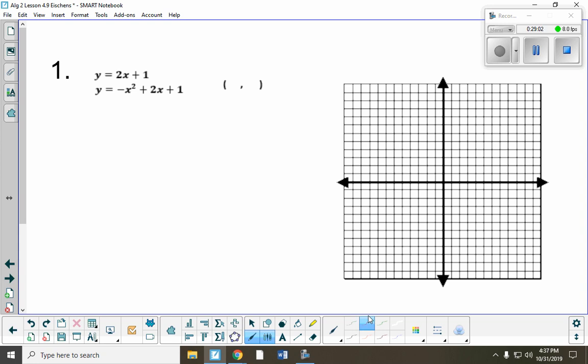So the first equation, it is a linear equation because you have a y equals mx plus b form. So the y-intercept is 1. The slope is 2 over 1. So up 2 over 1. And just, again, we're looking for the intersection, so graph very carefully.